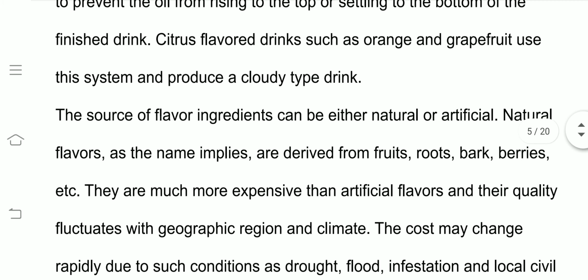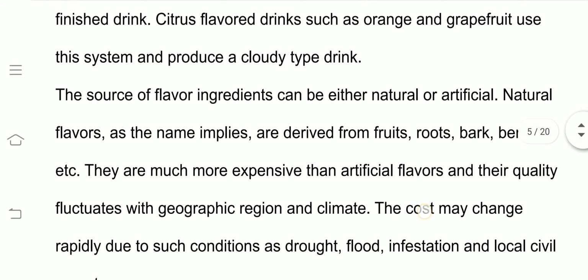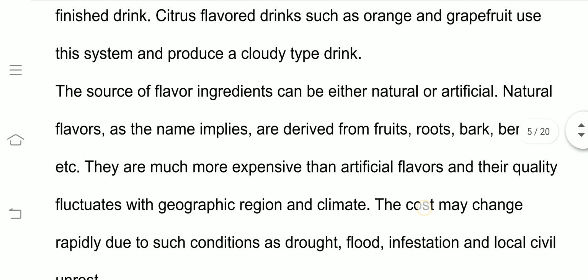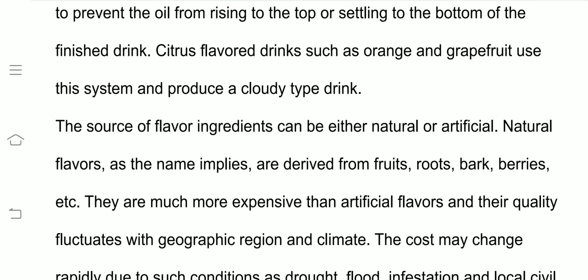Now, citrus flavored drinks such as orange and grapefruit use this system of emulsion and produce a cloudy type of drink, and we know those types of drinks.